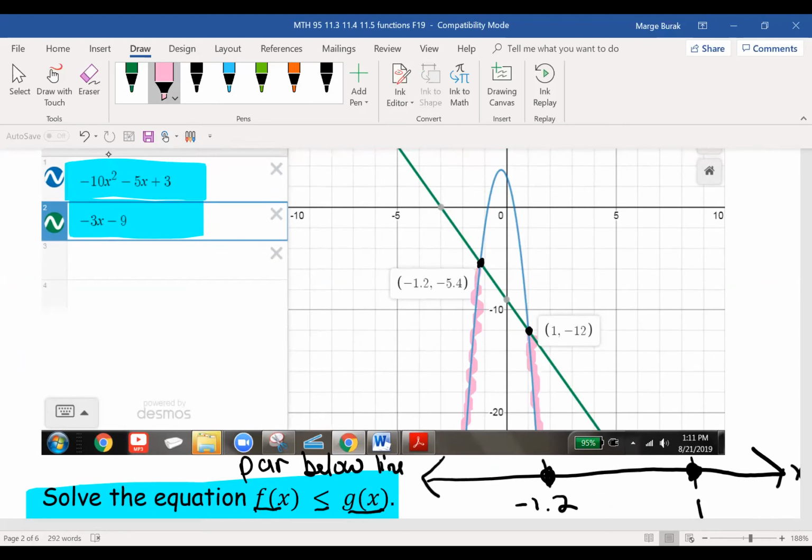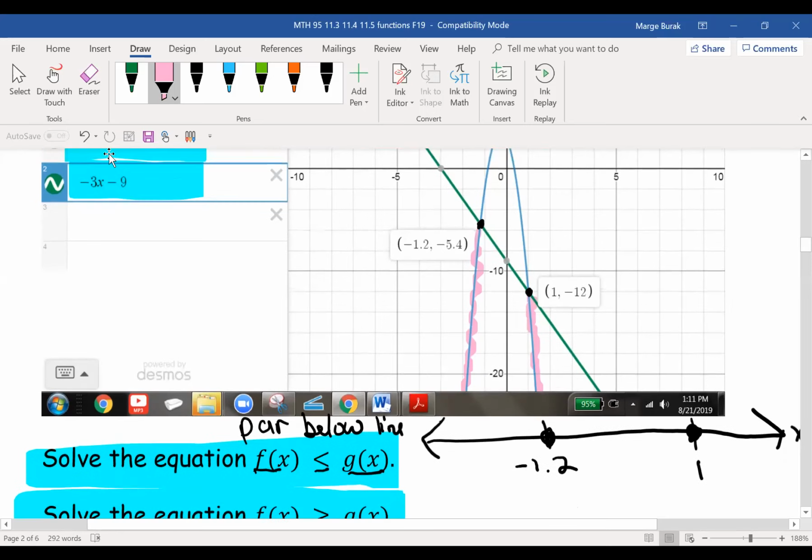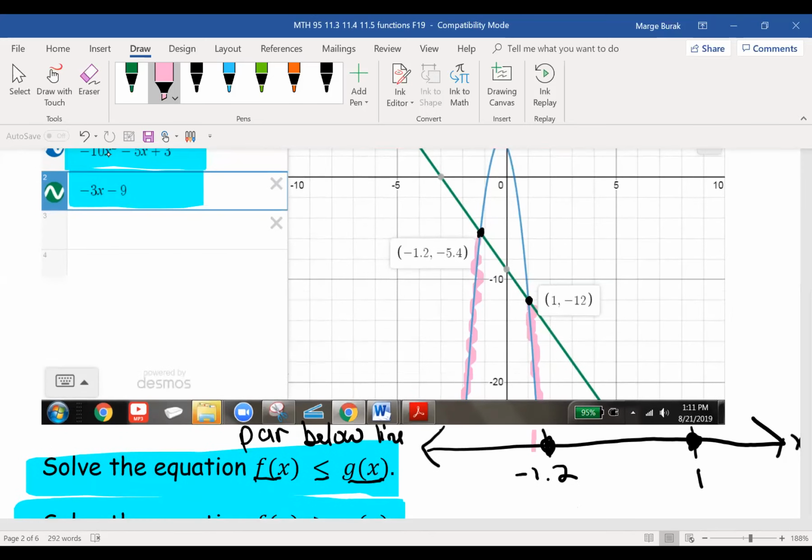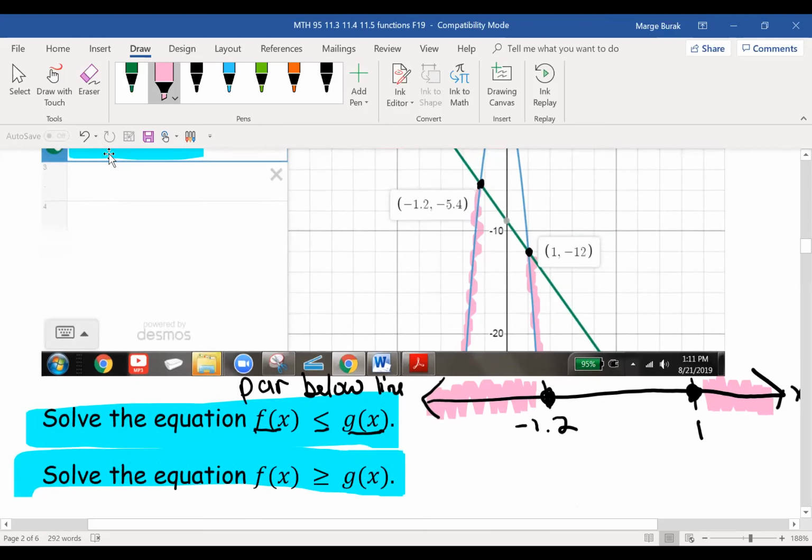So I'm going to refer to this x-axis on the bottom, and that's going to be for all of these x values, which are right over here. That's where my parabola is low. And for all of these x values, which will be from here, that's where my parabola is below. Okay? And so to answer this question, where is the function f less than the function g?